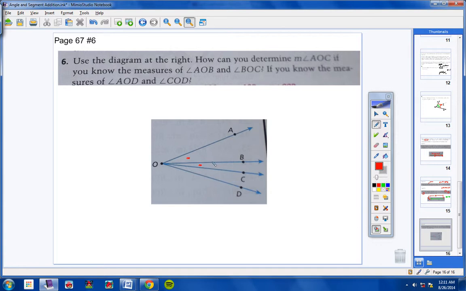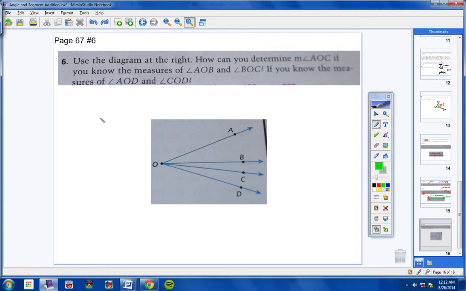Now students, that should be pretty easy for you to see. If I know this angle here is what? Would it say 20 degrees? And I know this little angle right here is 10 degrees. Then how would I find this angle here that combines those two angles? Well, I would take 20 degrees plus 10 degrees and I would get 30 degrees, and that would be the answer. So what I did is this.